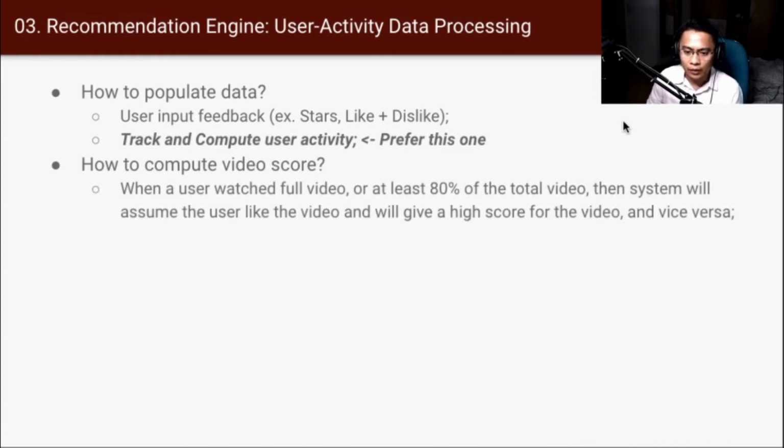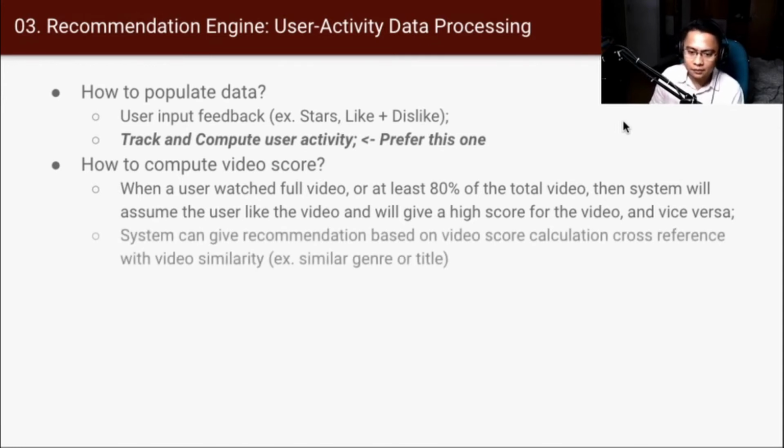First, when a user watches the full video or at least 80% of the total video, the system will assume the user liked the video and will give a high score for the video. And vice versa, if a user only watches like 10 seconds of the video and chooses to click another video, we will give a low score for that video.